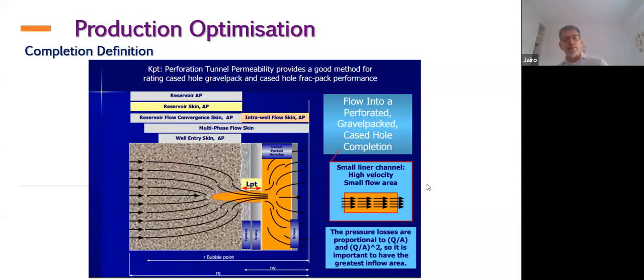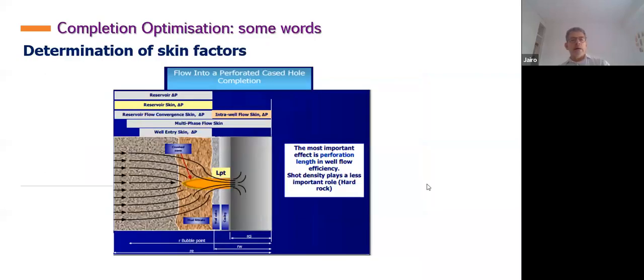If we compare the flow of an open hole with a perforated completion, because of so many additional skin values, we have a higher delta P skin.